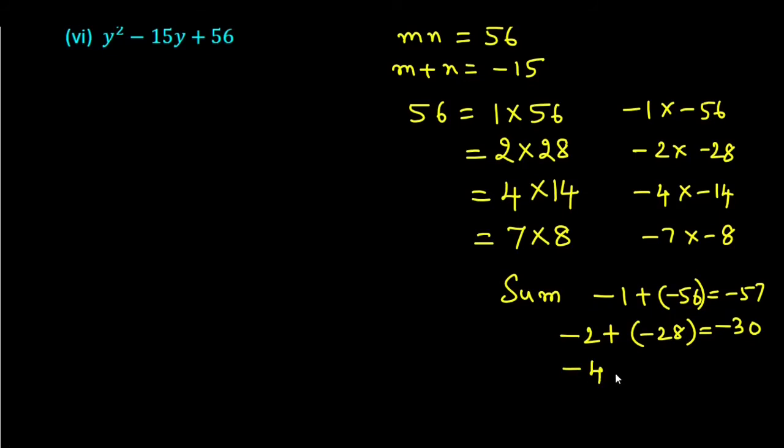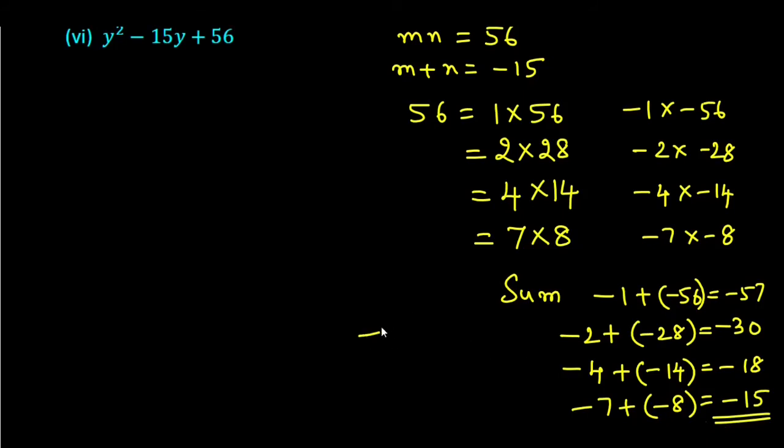Minus 4 plus minus 14, it is minus 18. Minus 7 plus minus 8, it is minus 15. Here we are getting the sum as minus 15. So minus 7 and minus 8, this is the right pair of choice.